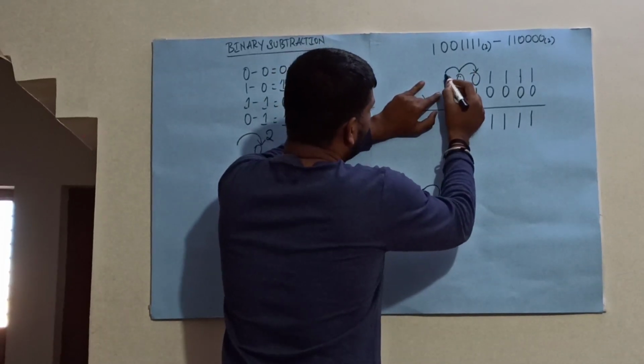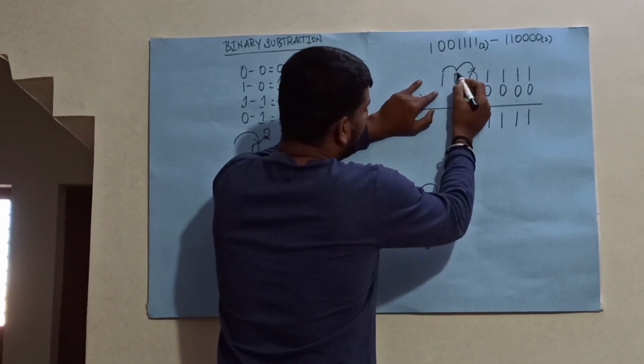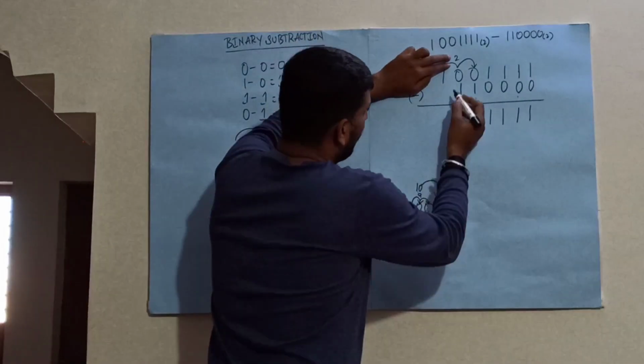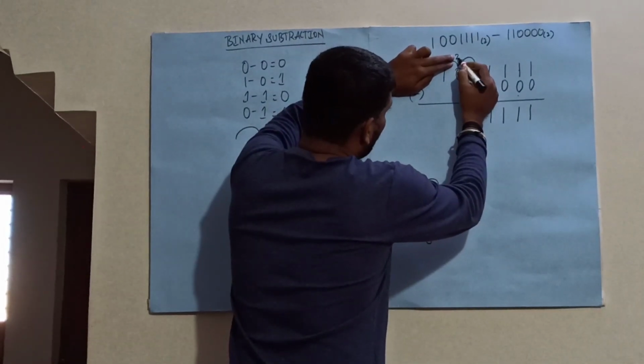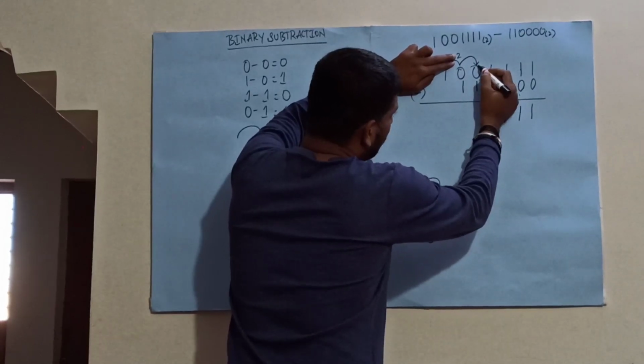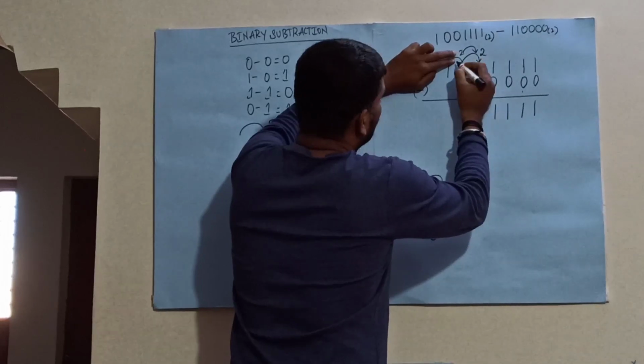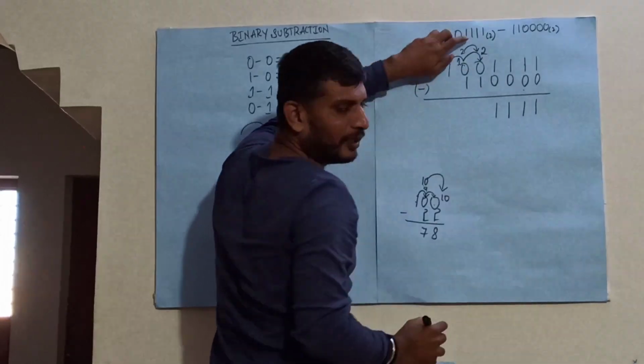So when I borrow here to this particular position, it becomes 2. Correct? Next, I have to borrow from this particular position to this particular position. So here the value becomes 2 and the value over here becomes 1.